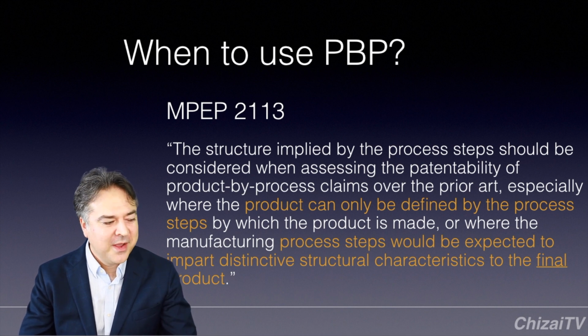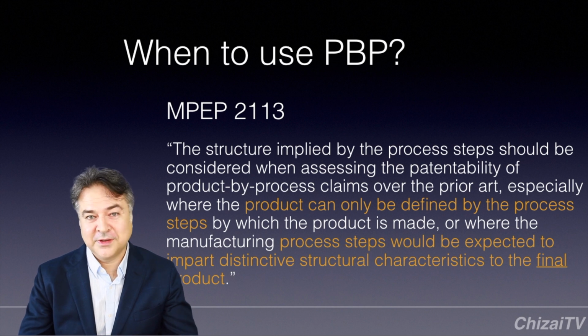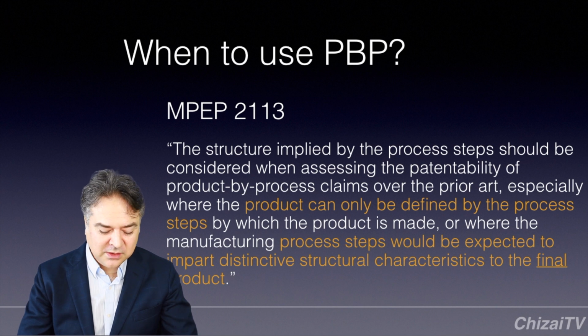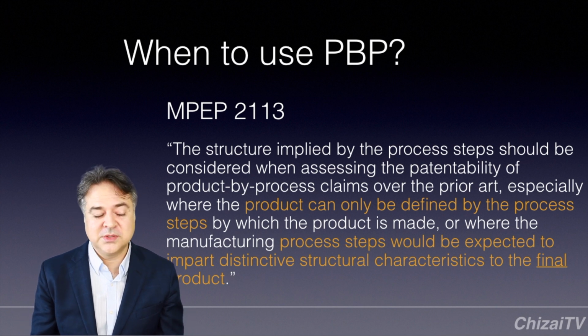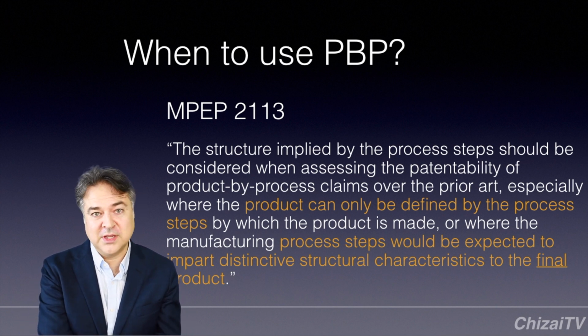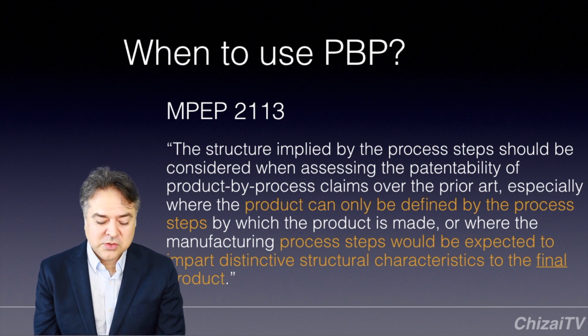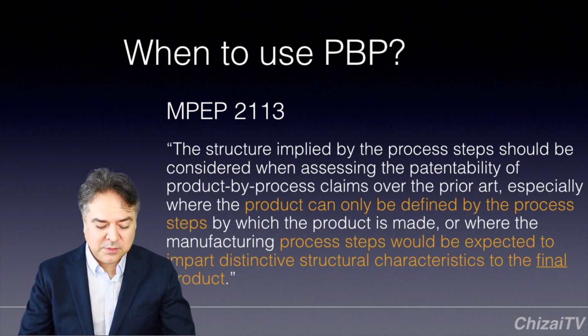That sounds kind of weird, but if you polish sesame seeds, they will look different, right? So in that case, you have these two different process steps, and in one case you have powdered sesame seeds, in another case you have very shiny polished sesame seeds. So in those cases, those steps would be very important and should be used in a product by process claim.